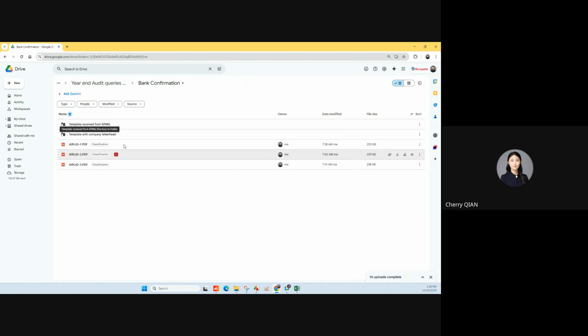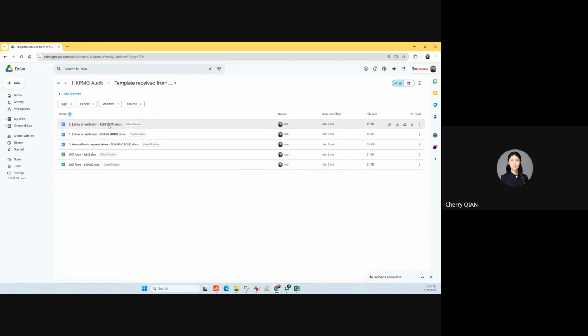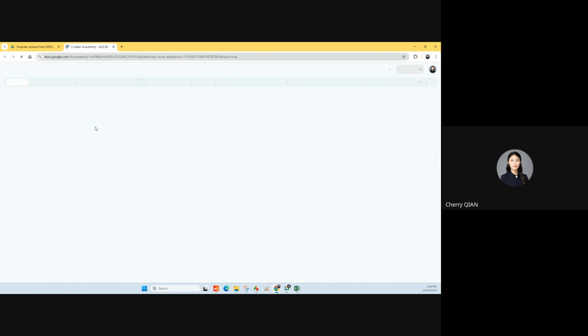KPMG is going to send an email, also with the template regarding the letter of authority, based on what they initiate or the queries on the entities and on the banks. So the template is purely standard.